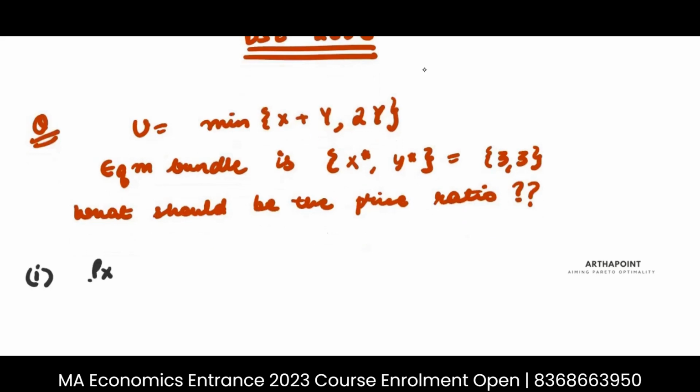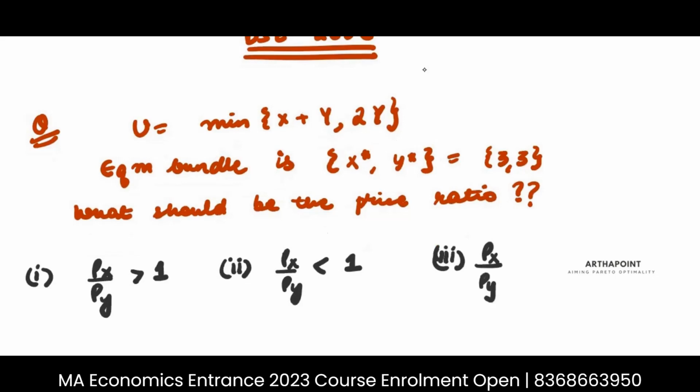Px by Py greater than 1, Px by Py less than 1, Px by Py equal to 1, and the fourth one, Px by Py less than or equal to 1. These are the 4 options given to you. And you have to find which of the following is the correct answer.